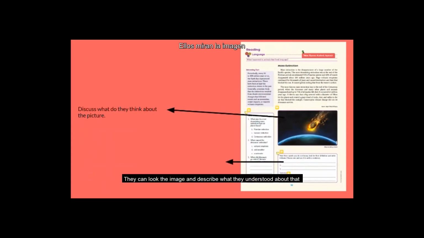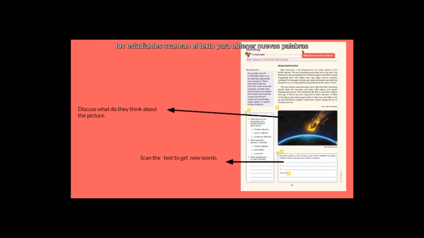They can look at the image and describe what they understood about it as a manner of brainstorm. After that, the students scan the text to get new words. It facilitates the reading comprehension.